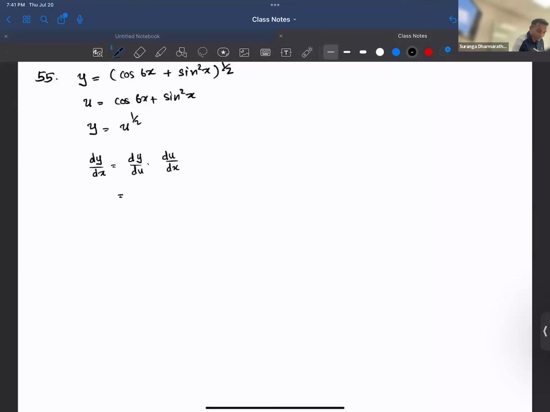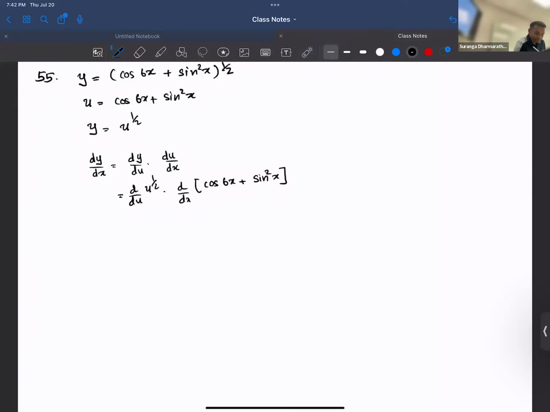So you have dy over du is d over du, u to the power half, times d over dx. Now we have an expression of two functions, cosine 6x plus sine squared x. Okay, always trust on your basics, always, right?